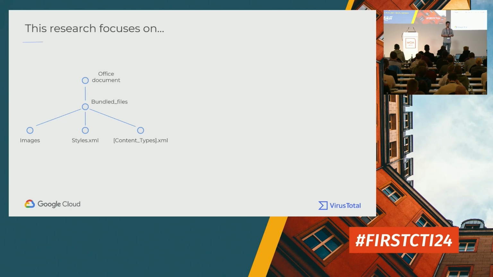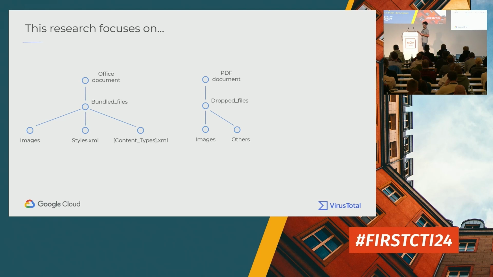In the Office documents, we are going to focus especially on the images that are embedded within the Word document or Excel. But also, we are going to focus on the styles XML file and the content types XML file, okay? I will explain later the meaning of these files and how they are generated.